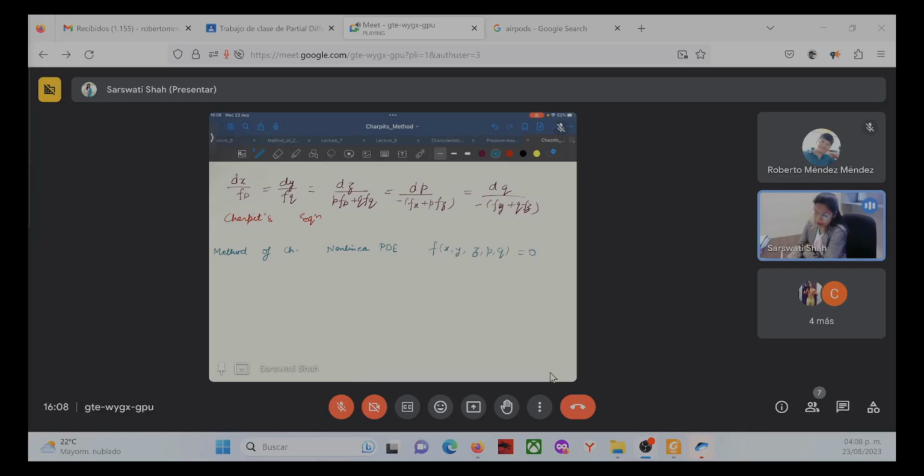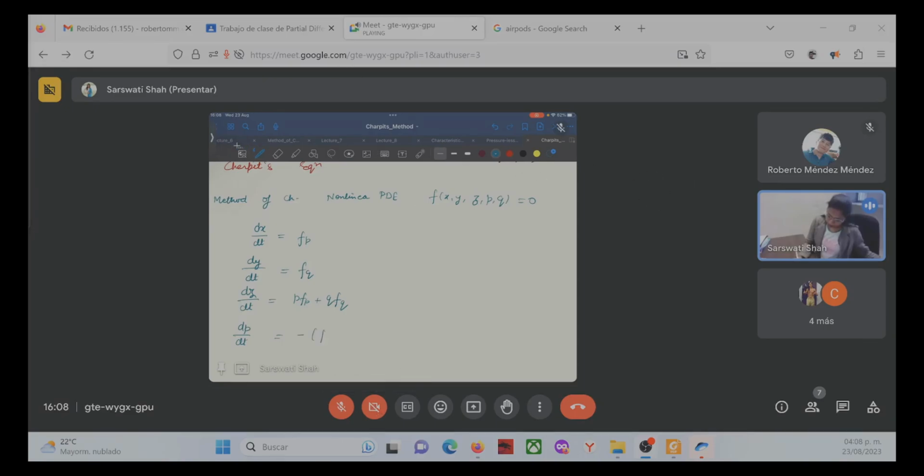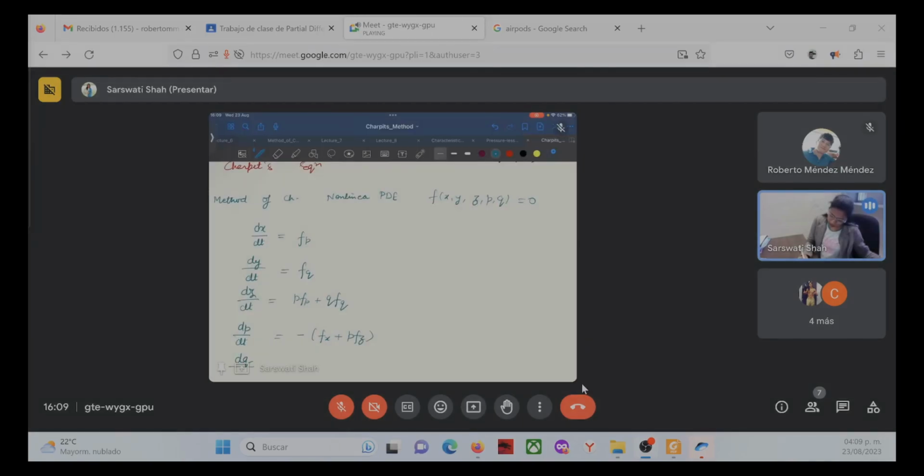What were the characteristic equations? dx over dt equals Fp, dy over dt equals Fq, and dz over dt is the linear combination with p and q, P Fp plus Q Fq. dp over dt was minus (Fx plus P Fz), and dq over dt was minus (Fy plus Q Fz). So this is the characteristic equation.